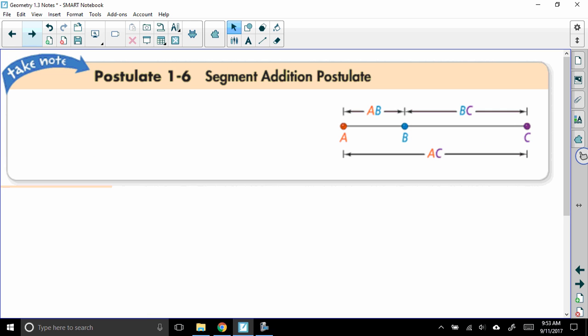The segment addition postulate, I don't know, to me this just seems so sensible, such common sense. Yet every year students struggle with this. I don't know why they do, but they do.